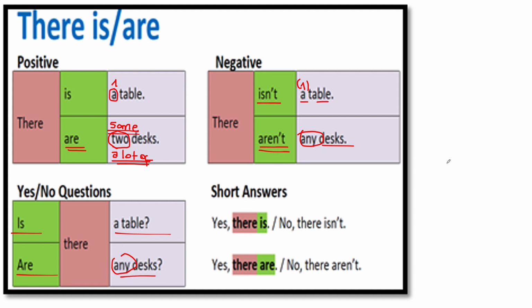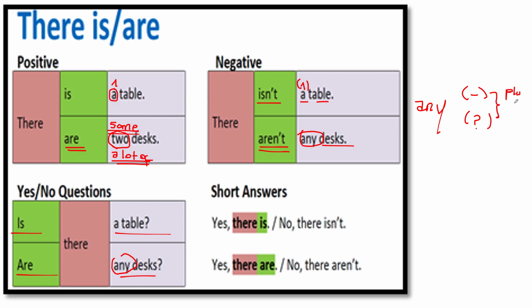Okay, so remember that when you use any, it is used in negative and interrogative forms. Okay, negative but in plural. In both cases, any in plural form, in negative or interrogative.